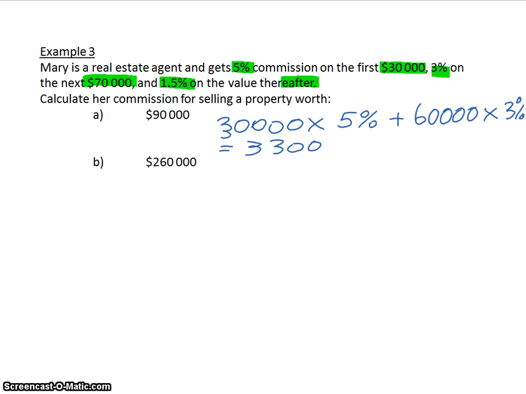In the second question, she has a significantly more expensive property. So on the first 30,000, she gets 5%. On the next 70,000, which takes us up to 100,000, she gets 3%.